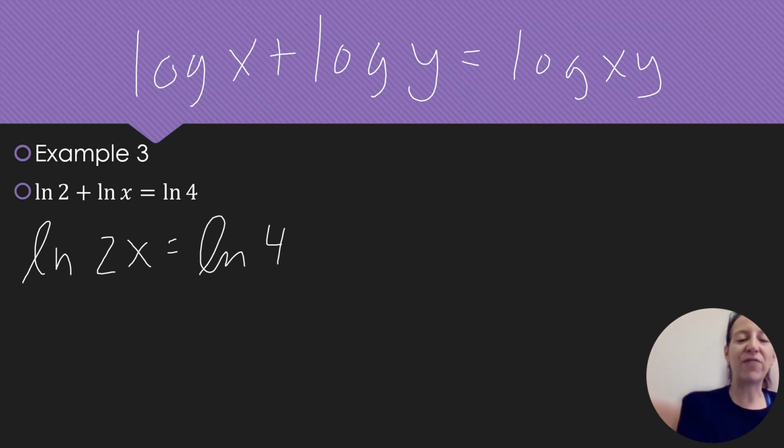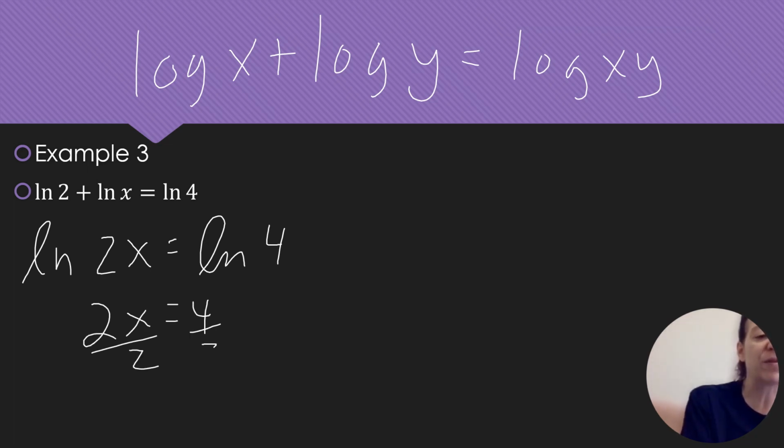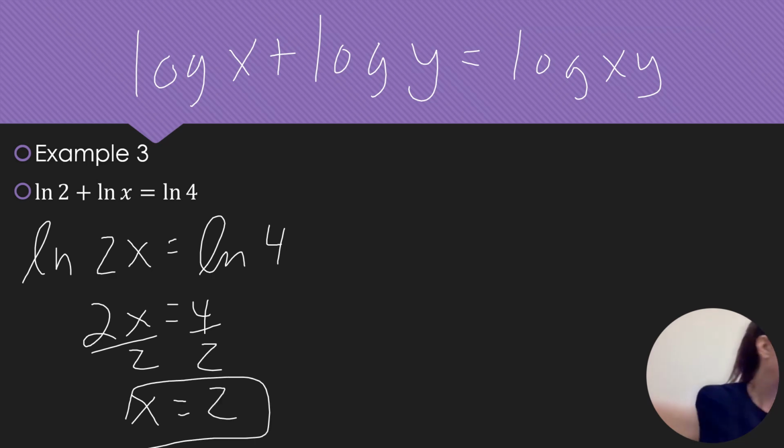And now I've got 2 logs that are isolated on each side, so I can kick in that second strategy. So I would end up with 2x is equal to 4, and then we'll divide both sides by 2, and we get x is equal to 2.